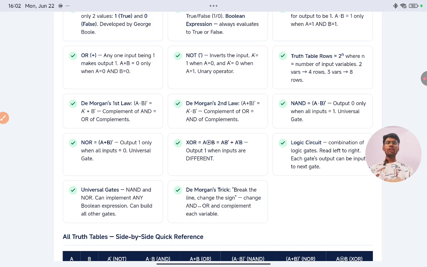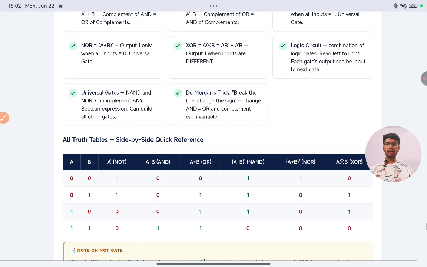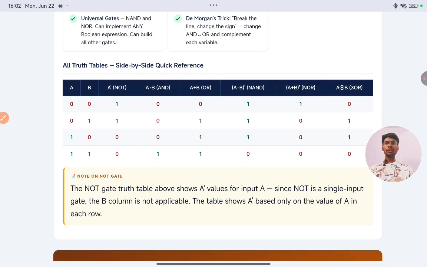We know that. Logic circuits, how to make and evaluate them, will be covered in further detail in the notes. De Morgan's trick we learned, and how to evaluate Boolean expressions later. And these are all the truth tables. You can take a quick reference screenshot of this, right?